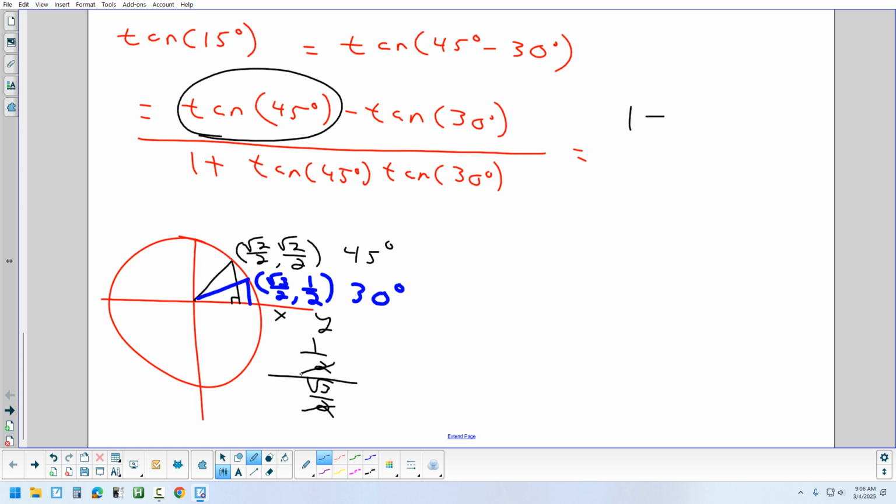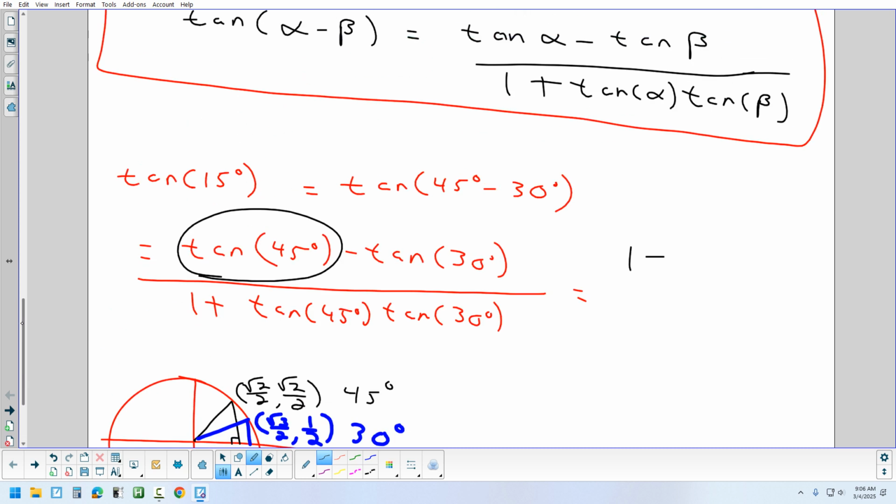So you get root 3 over 3. Yep. So that's 1 minus root 3 over 3. And at this point, you've done every calculation you need to. You can copy the rest from the top to get the bottom. 1 plus tangent of 45, you already did that, it's 1. Times tangent of 30, we already did that, root 3 over 3.